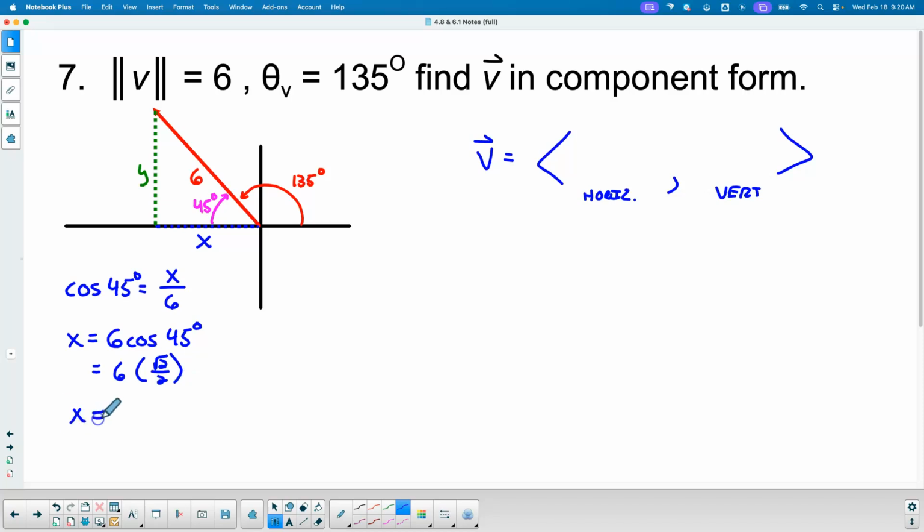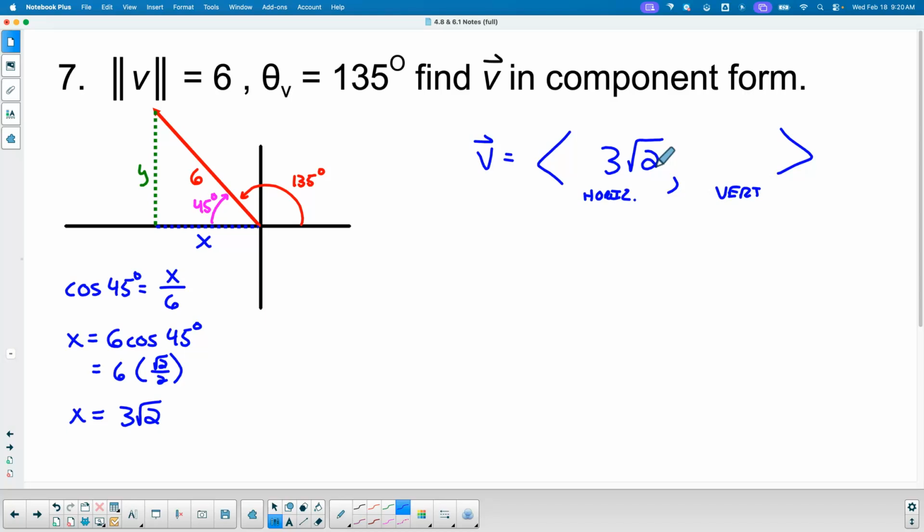So x then is going to be 3 square roots of 2. Yes? Does that fit, though? Does that work? Would this be 3 square roots of 2 right there is my question.